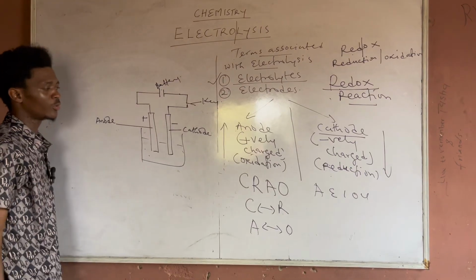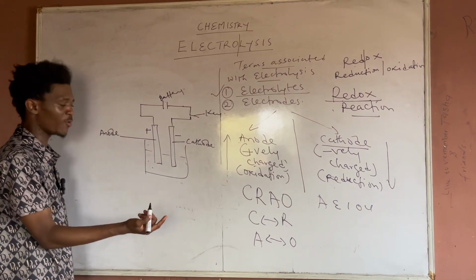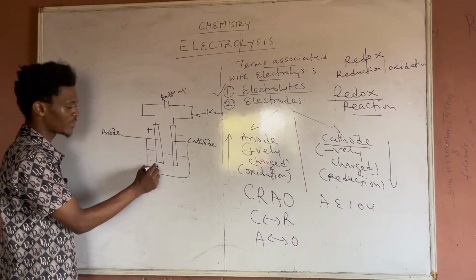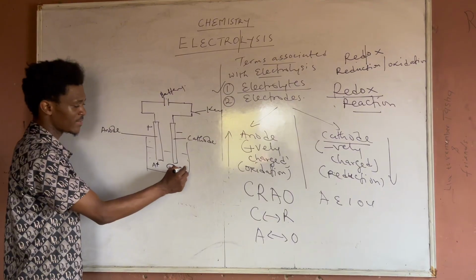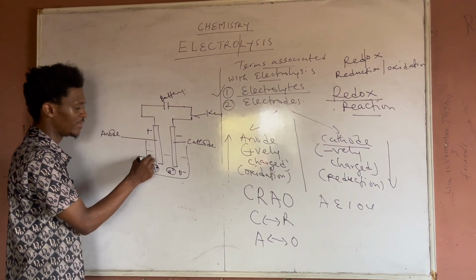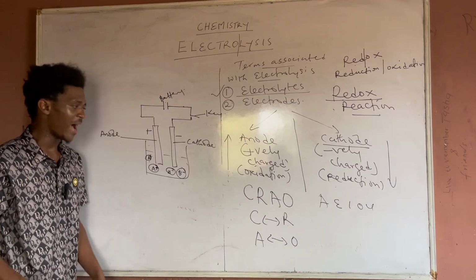All right. So the thing is this: ions are freely moving around when the key is open. Just like, for example, you have A plus and you have B minus. You have B minuses, A pluses. Let's say they are just moving around the medium. And then what happens?